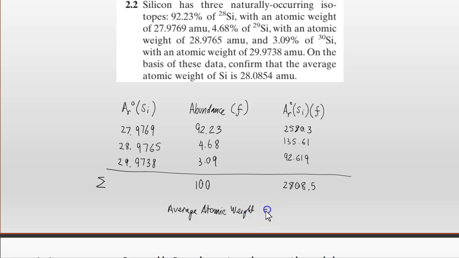We simply take this weighted sum here, divide by the total of the abundance column, and this will give us 2808.5, which is 28.085 atomic mass units.